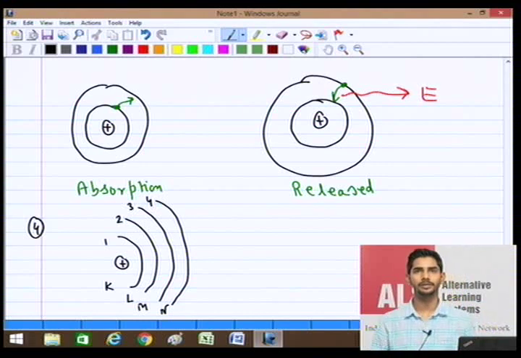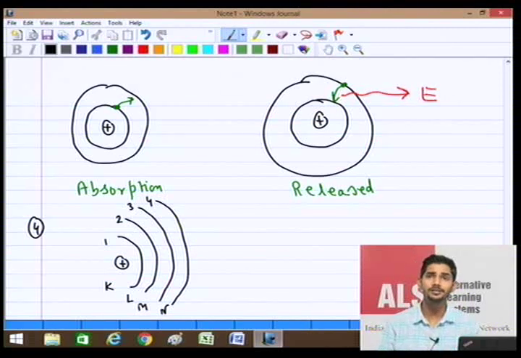Ultimately, what I'm trying to say is, when we use integers, we say orbits 1, 2, 3, 4, 5, and so on, and we can represent the shells with the help of letters K, L, M, and N, and so on.